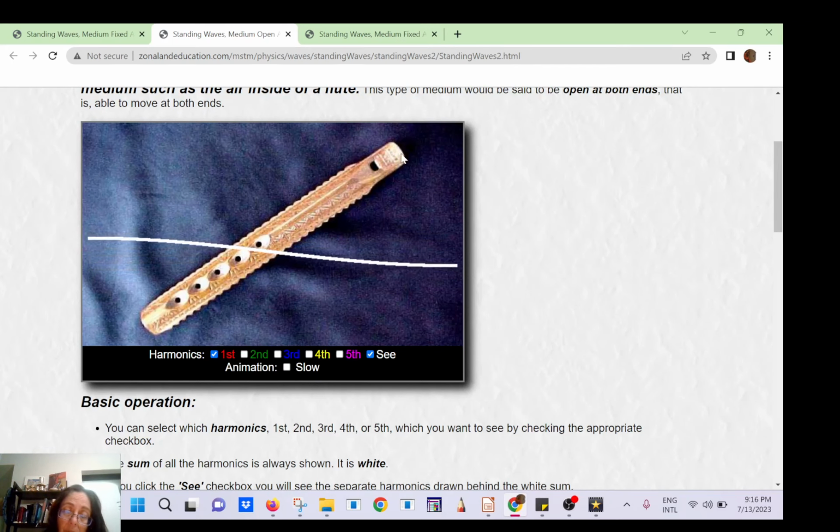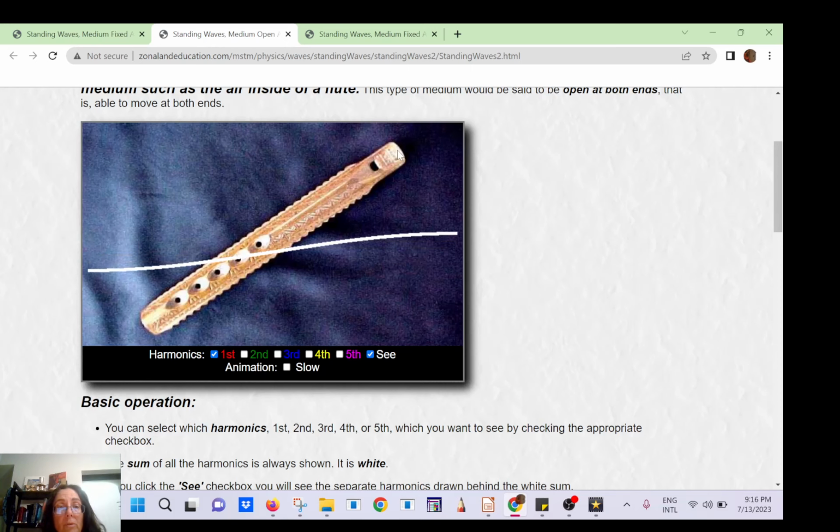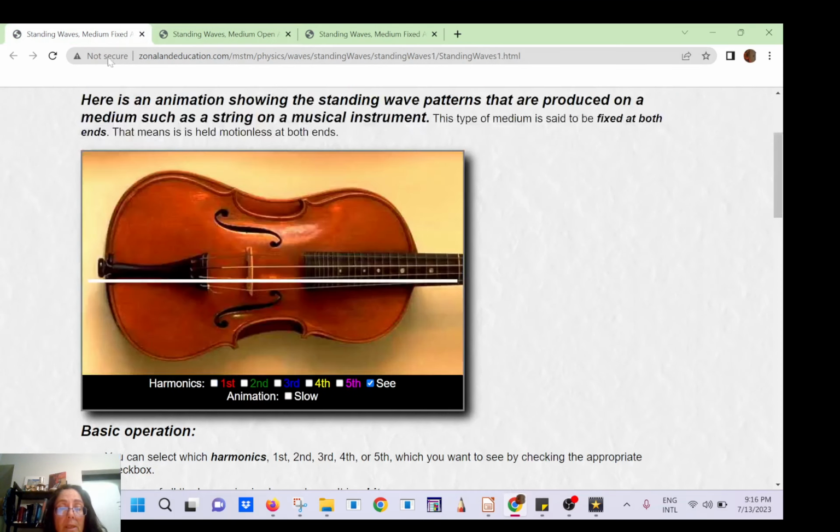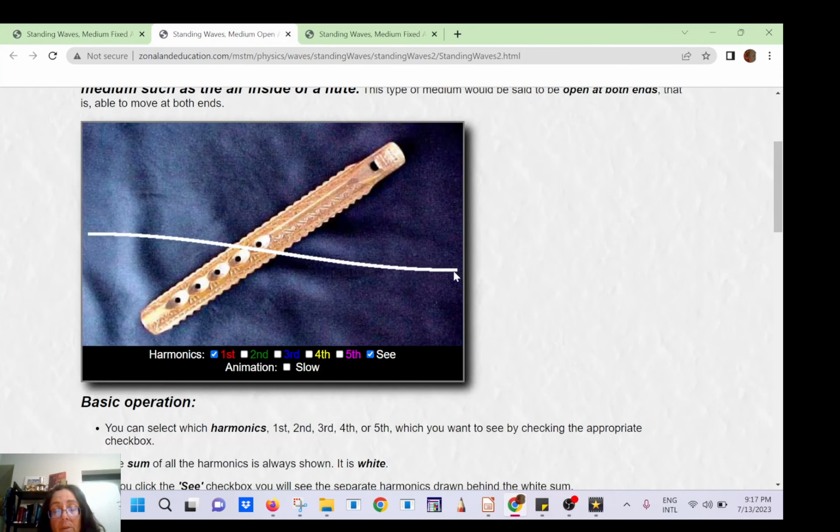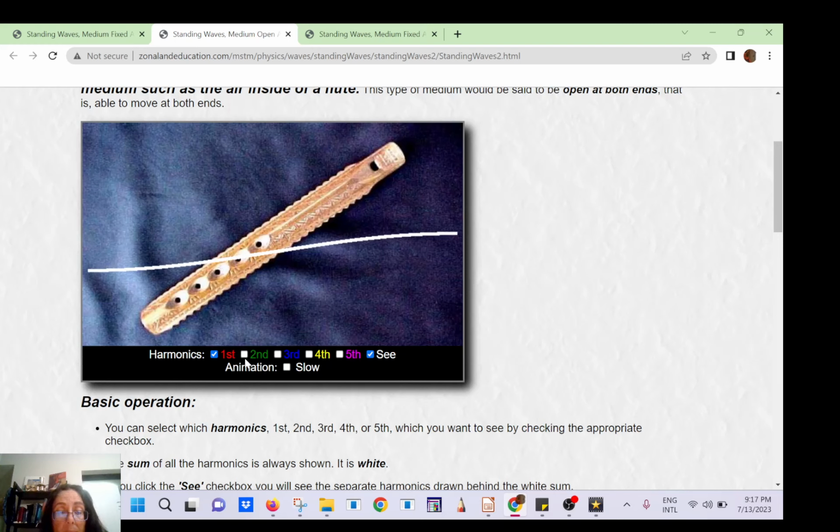They are not forced not to move like a string. If you remember the string here, at both ends, I had nodes. So it means this part and this part, they cannot move. With a flute, this point here and that point here, the air is free to move. So that will be the first harmonic.